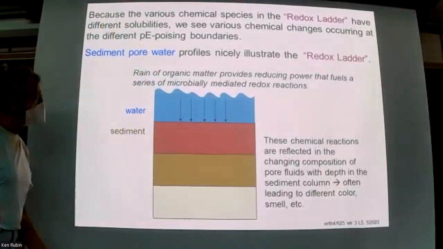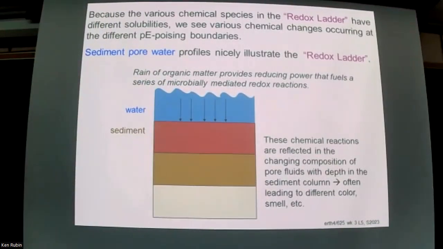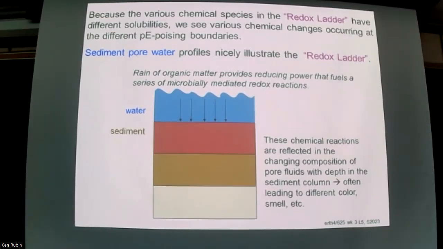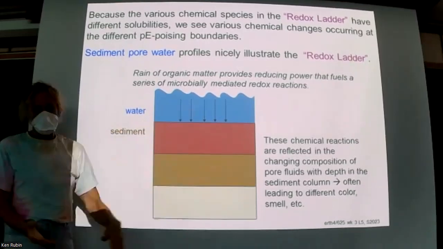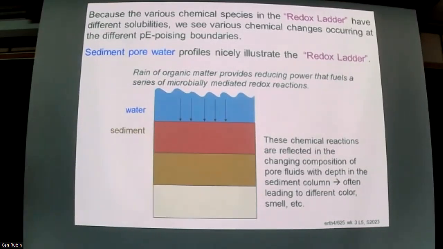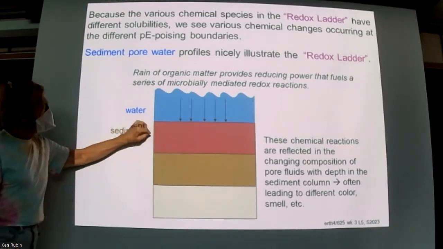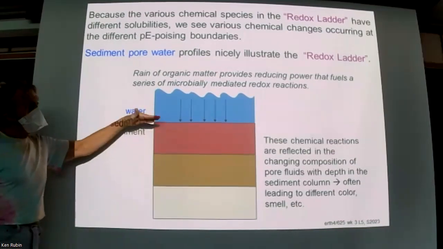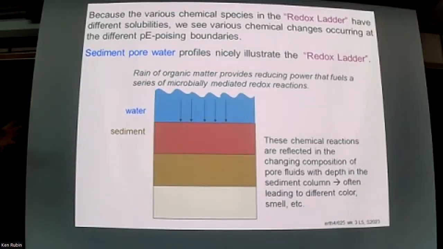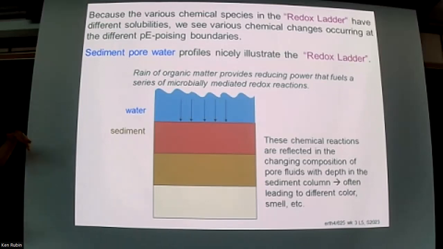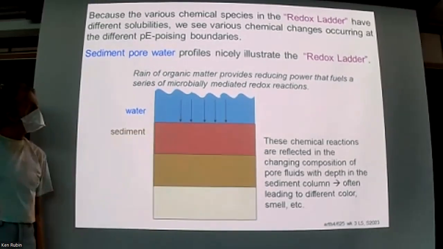So here's an example of a stack of sediments. We're up in the water. This water might be exchanging with the atmosphere. This might be a lake. There are organic-rich sediments in there, and plenty of oxygen in the water. We start to pile up a stack of sediments. The sediments tend to have relatively low porosity, meaning relatively little space between the grains, and compaction tends to make those spaces go down as we go down. So the proportion of water to sediment goes down dramatically at the water-sediment interface, then continues to decrease from compaction.